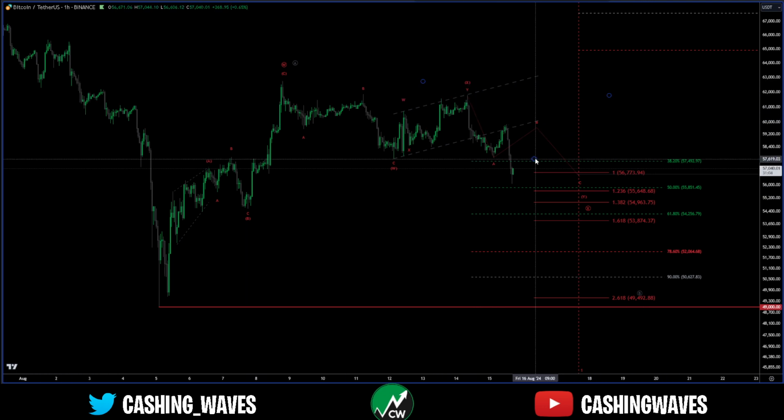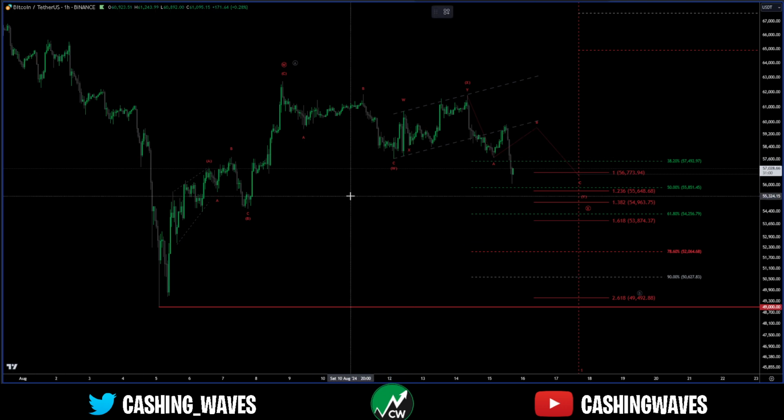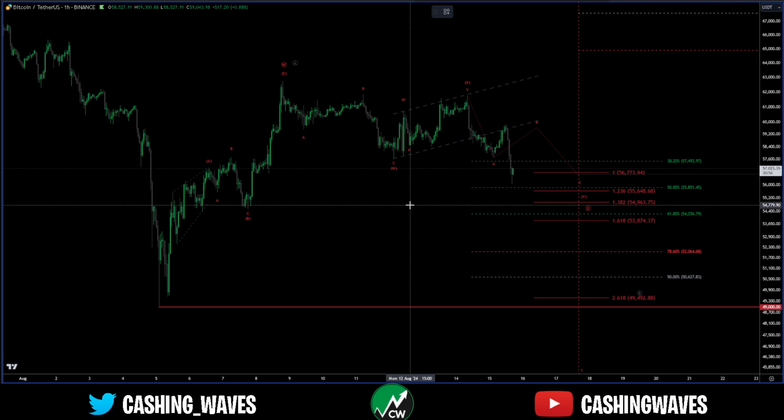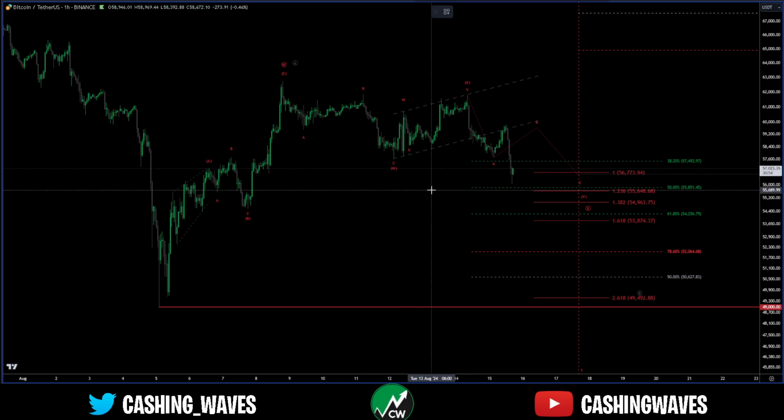So as of right now, a couple things to keep in mind. We have multiple counts on the go, and we want to try and get on the right side of things. I got some comments saying, why is your bias to the downside? Just to be clear, when I say bias for all these different scenarios, which also means my primary count, it is the count that is following the guidelines the closest.